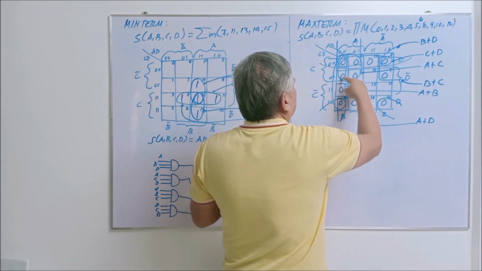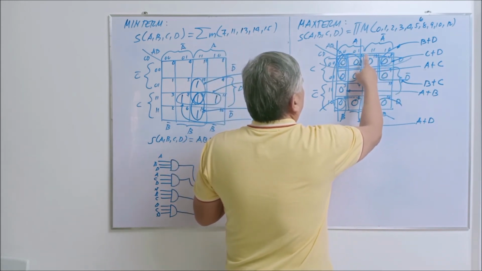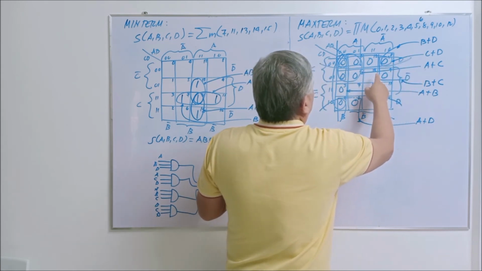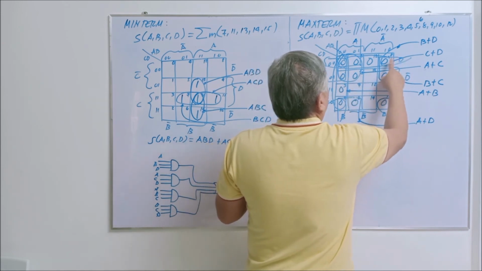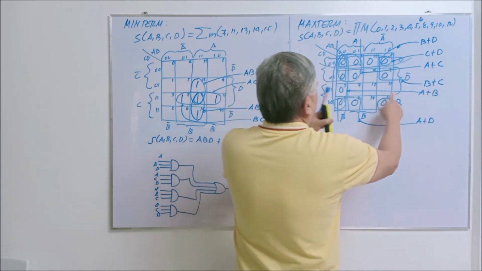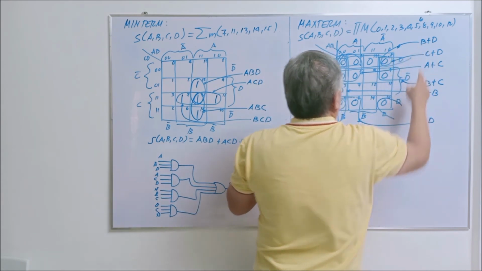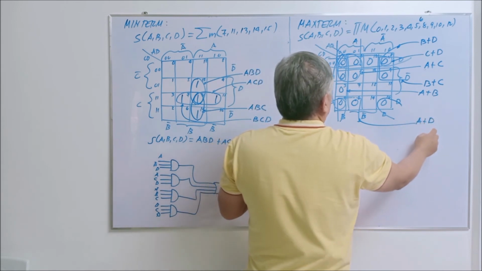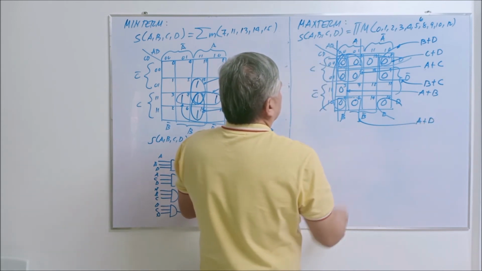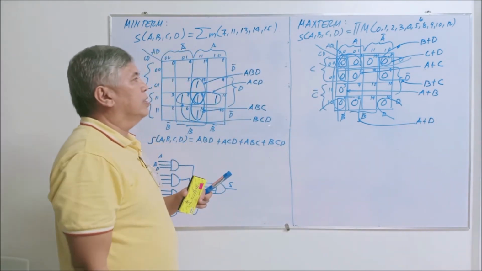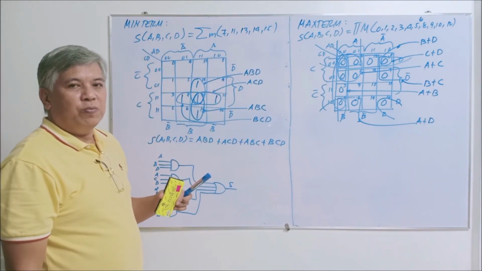This is 1, then 2, okay, then 3, okay, then 4, okay, then 5, this one, and then 6. Okay, so we have 6 groups.